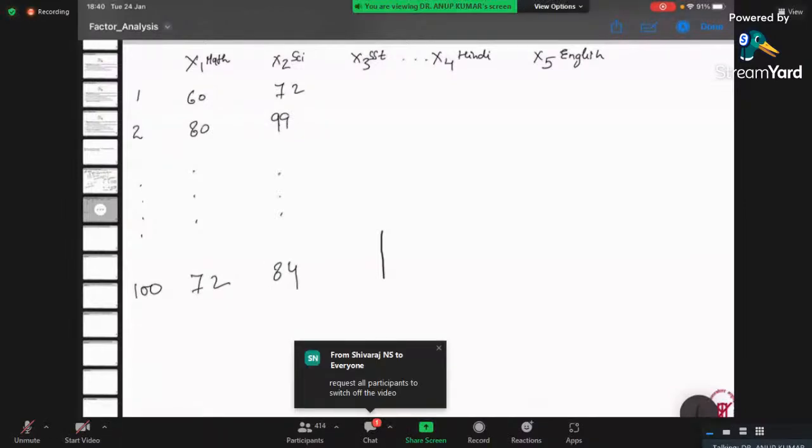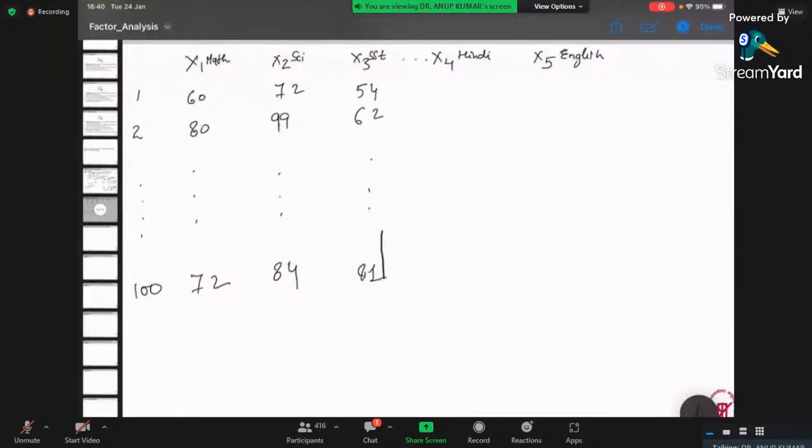And similarly the marks in social studies 54, 62, 81, 92, 91, 89, like this. The marks in this 82, 63, and 91. So you can see that this is a data set.